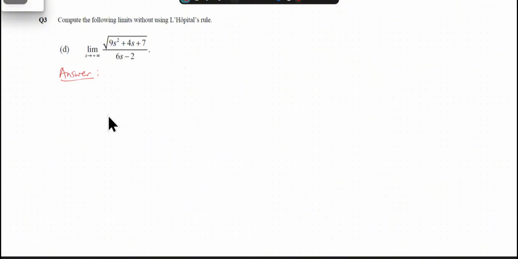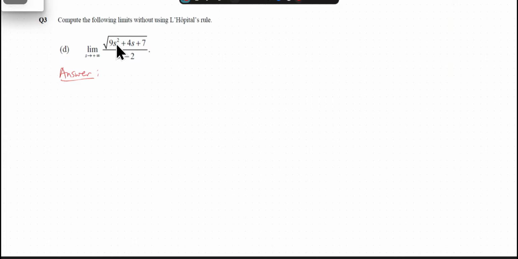What's the limit of the function square root of (9s squared plus 4s plus 7) over (6s minus 2) as s approaches positive infinity? For limits at infinity, we can always try to simplify the problem by dividing the function by the highest power.